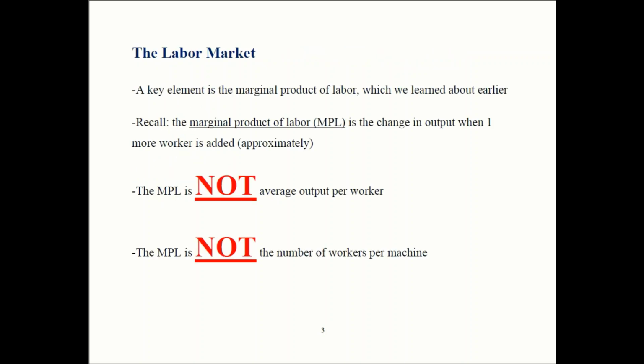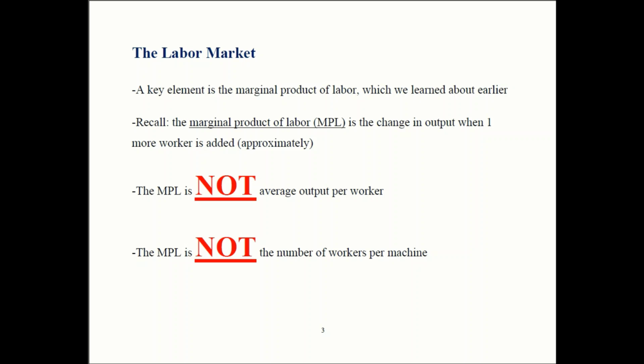So one major factor to consider in the demand for labor is the marginal product of labor, often abbreviated as MPL. We learned about that earlier, so let me just refresh your memories on how that works. The marginal product of labor is approximately the increase in production you get when you hire one more worker.